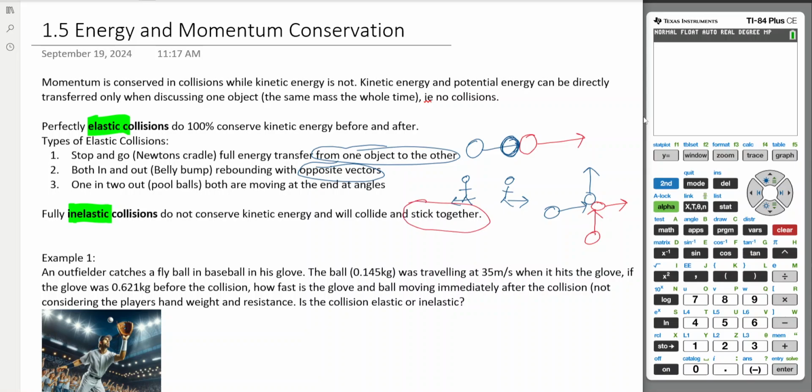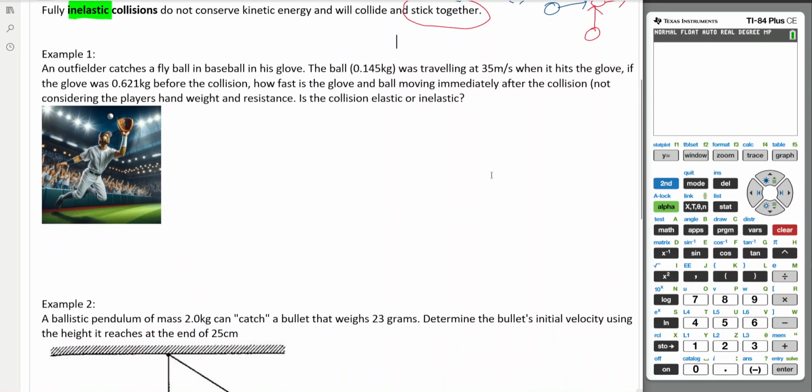Is anything fully inelastic? Yes, but they're hard to find, hard to have exactly perfectly inelastic. Usually there's a tiny bit of rebounding that happens, but again, we can get pretty close. Okay, so let's take a look down here at two different examples.